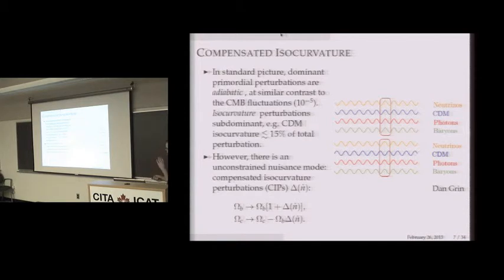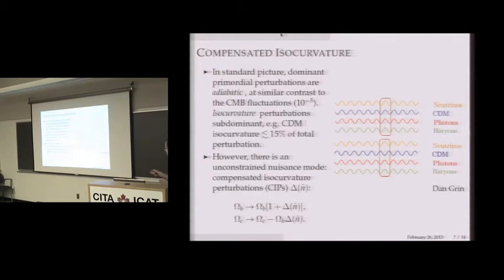And those are believed to be the dominant source of perturbations in the early universe. There's another type of perturbation, isocurvature, in which you have fluctuations in one or more of the species that are compensated by fluctuations in another. So the overall matter density, the overall energy density doesn't fluctuate, but just the relative constituents at each point in the universe vary.